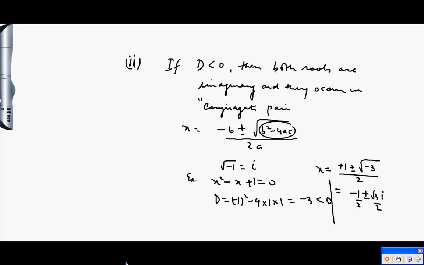If the coefficients of the quadratic equation are real, then roots will come in conjugate pair, where if p plus iota q is a root, then p minus iota q will also be a root of the quadratic equation. Okay? Where we have assumed that p and q are real numbers.